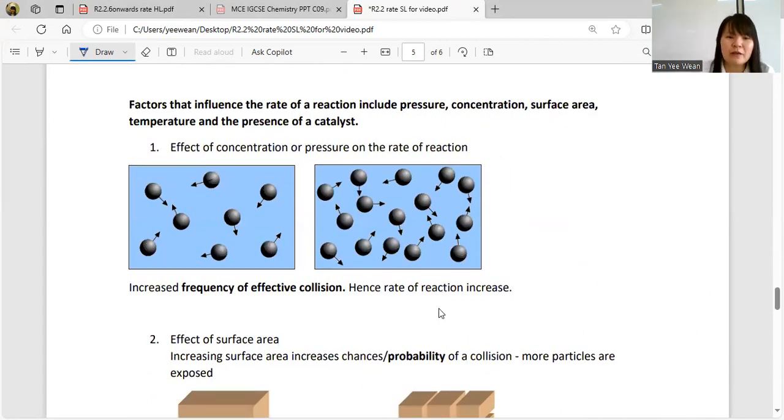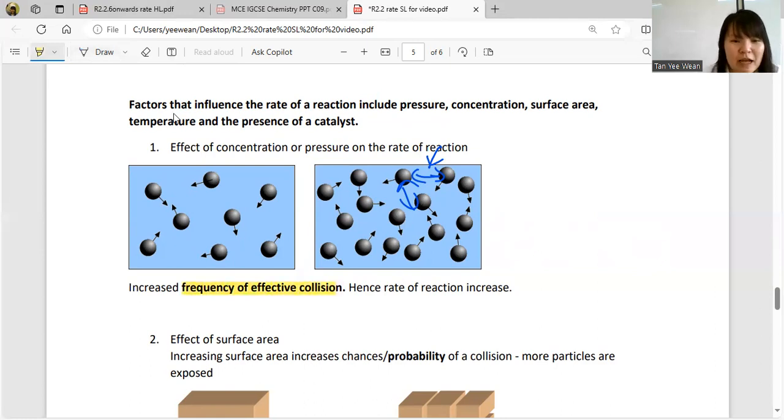If you have lower concentration or lower pressure, the picture is the same, right? If we draw low concentration and low pressure, and I have another container which has higher concentration or higher pressure, what would be the difference? The difference is that in the one with higher concentration or pressure, there's less space between the particles, and it increases the frequency of the effective collision.